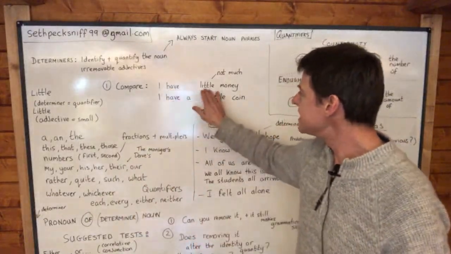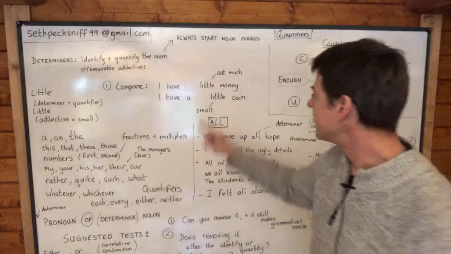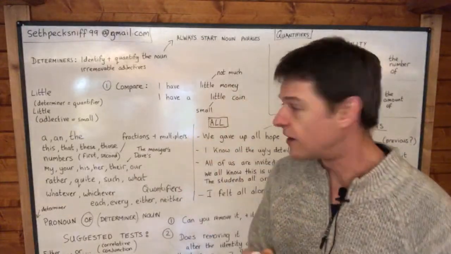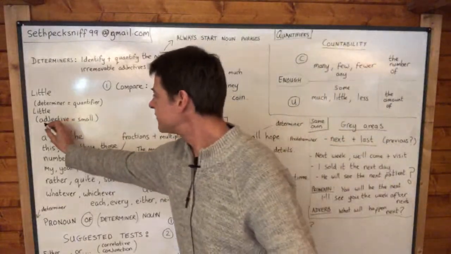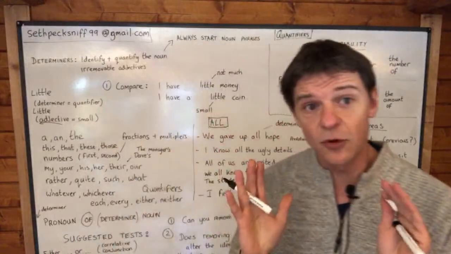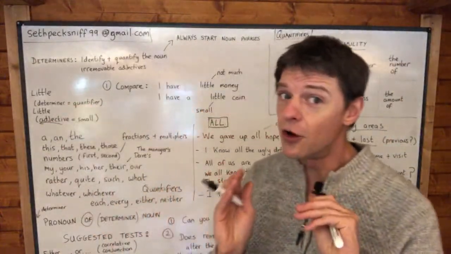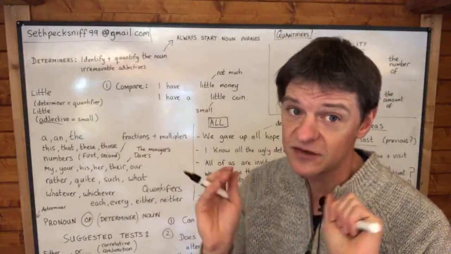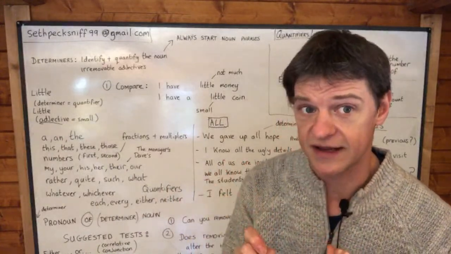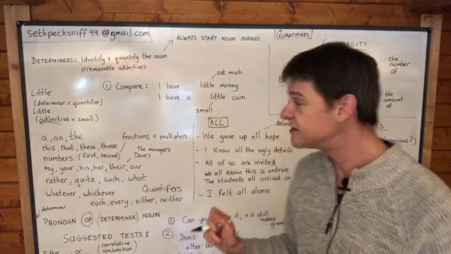But notice that here, we are not saying that the money is of a small size. And so whenever it's an adjective, it just means small size. Whenever it's a determiner, it means not much. In other words, it means a small quantity, not size. Okay, so there is a difference in meaning.